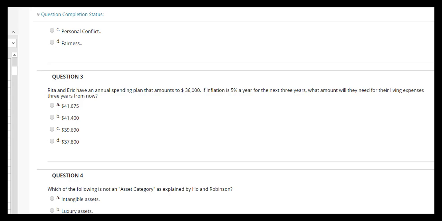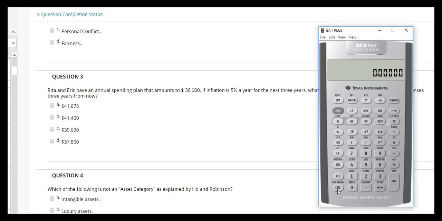Okay, so we can bring up the financial calculator, and we're going to use this functionality. So we can see that their current spending needs is $36,000 in today's dollars. So we're going to make that the present value. There's no interim payments. The interest rate or inflation rate is 5%, and it's for 3 years. So that's 3N. We're going to compute the future value.